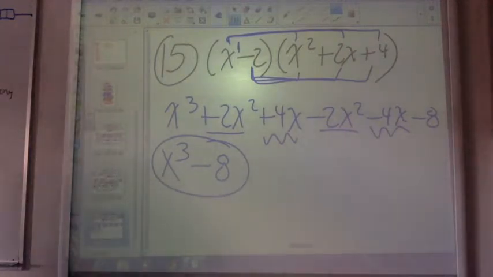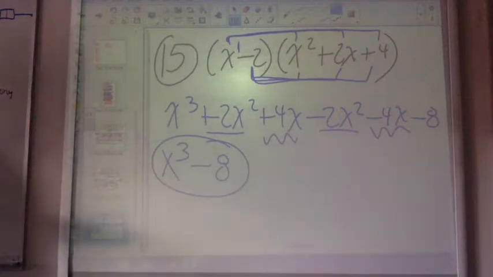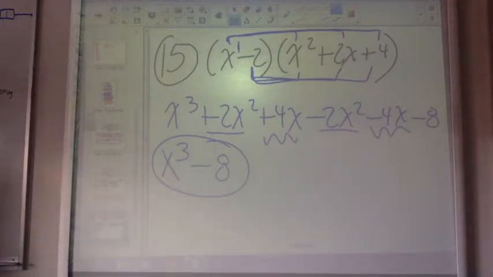The only way you would get 2x is if you add. If you add x and x together, you get 2x. If you multiply x and x together, you get x squared. So multiplication changes the exponent, and if you're just adding them, you just count them up. Any other questions up to number 17?